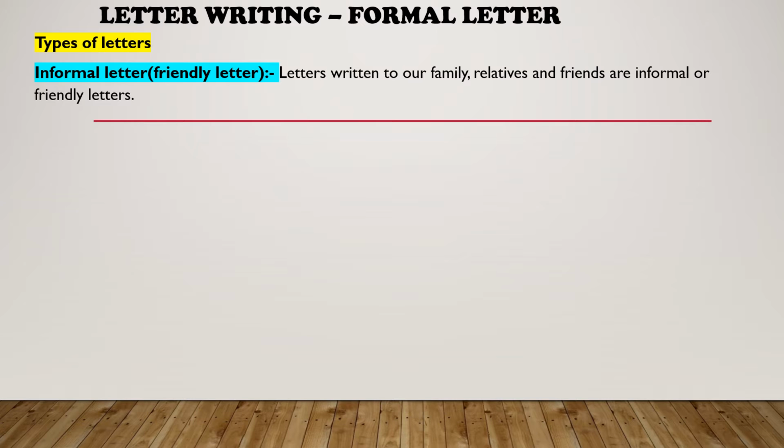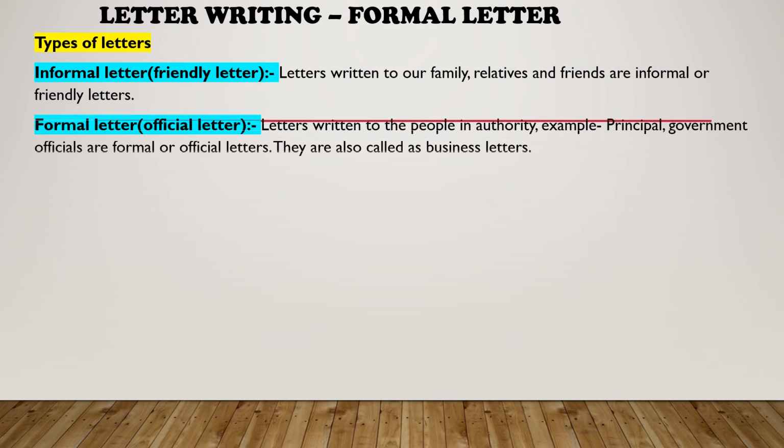In this letter, we are conveying the message to our family members, relatives and friends. Whatever message you want to send to your family members, relatives or friends, you write a friendly letter. The next type is the formal letter, which is also called an official letter.